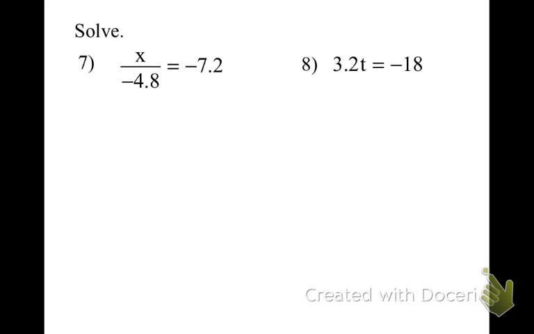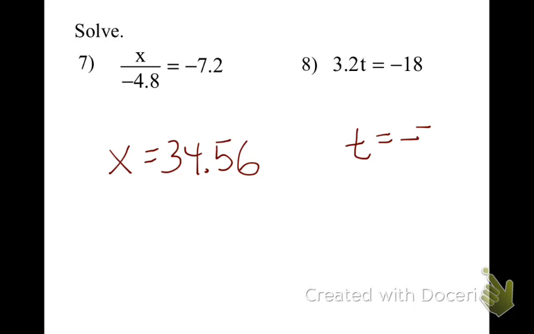Now if you're doing number 7 at home, you should have an x is equal to 34.56. And for number 8, if you've done it at home, you should have gotten t is equal to negative 5.625. Don't lose that negative. Why? Because they had a negative 18 right there.